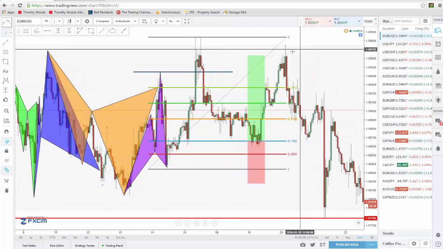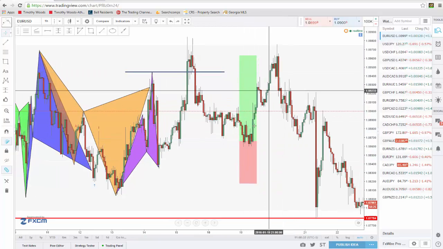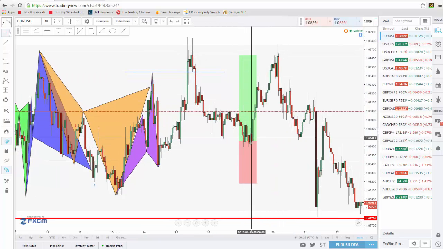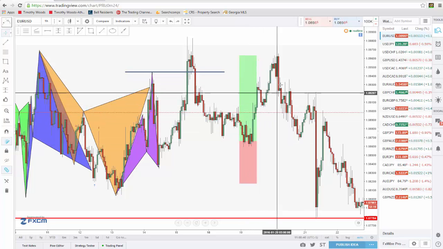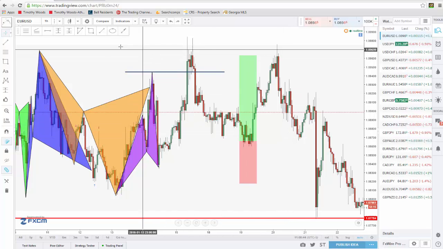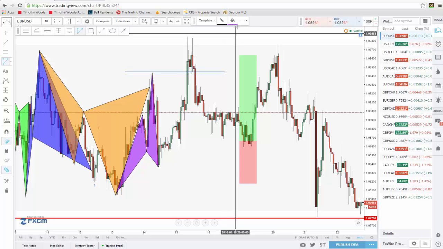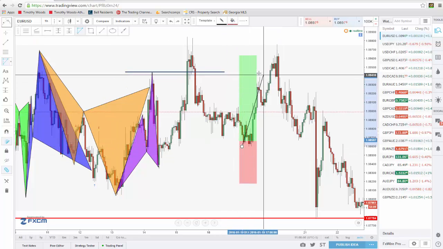Now, as we hit targets, does anyone notice anything right here? Anything about this impulse leg, this retracement, this extension? If you guessed cipher pattern, you are absolutely correct. Again, we hit another cipher pattern here.